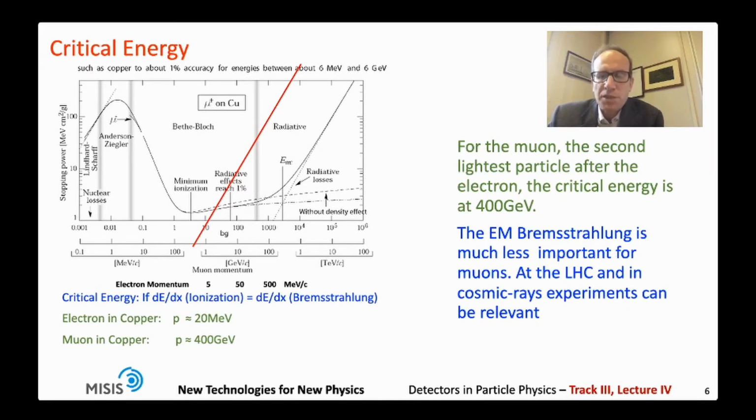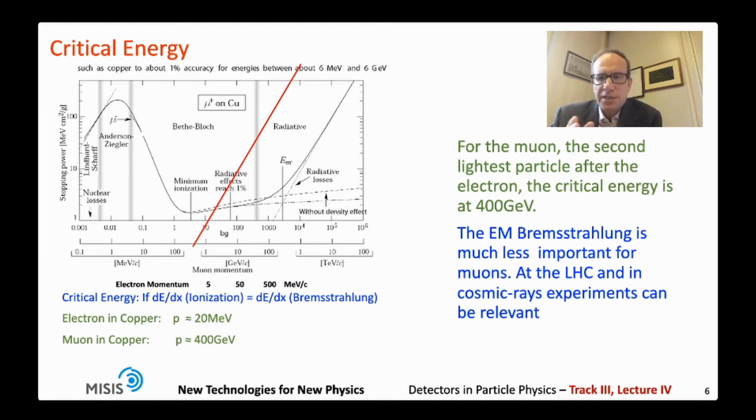They both experience electromagnetic interactions, both the electron and the muon, but the energy which is the so-called critical energy, the energy where the Bremsstrahlung starts to be dominating with respect to the ionization loss, the energy loss by the ionization process.